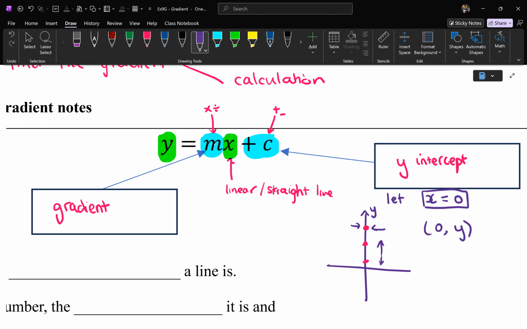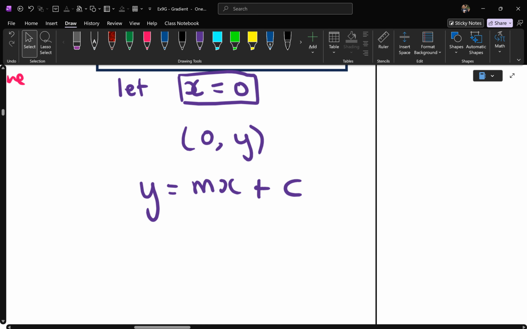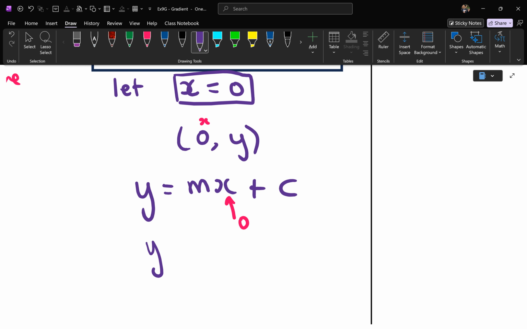Okay? And if you test that in this rule, you'll see y equals mx plus c. If you wanted to test it, you said x has to be 0, right? So if x is going to be 0, you end up with y is equal to m times 0 plus c. But m times 0, whatever you times 0 is going to be 0.